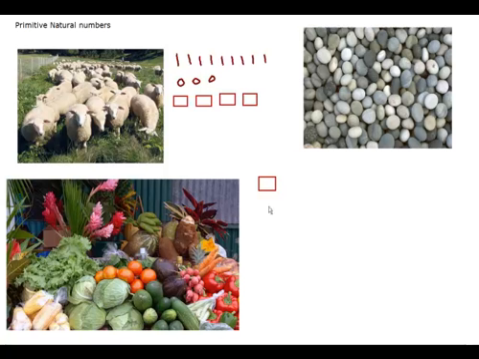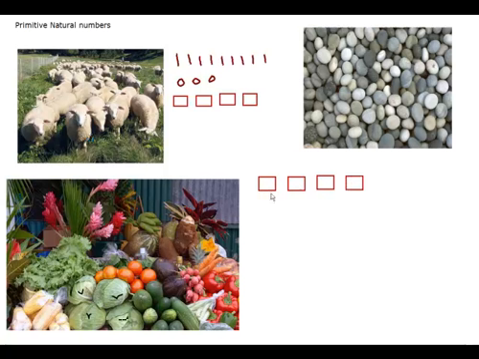So for instance, if you ask how many cauliflowers are there, this vegetable, then a child has to count using these blocks. The child will say, this block I have kept for this, for this I'll keep another one, and for this another one.